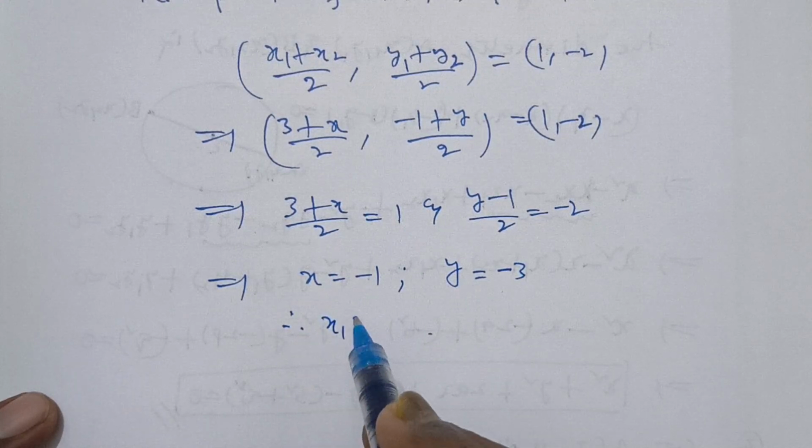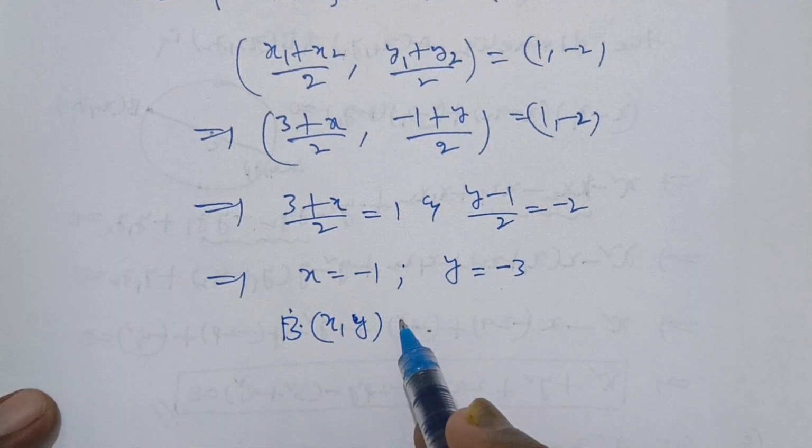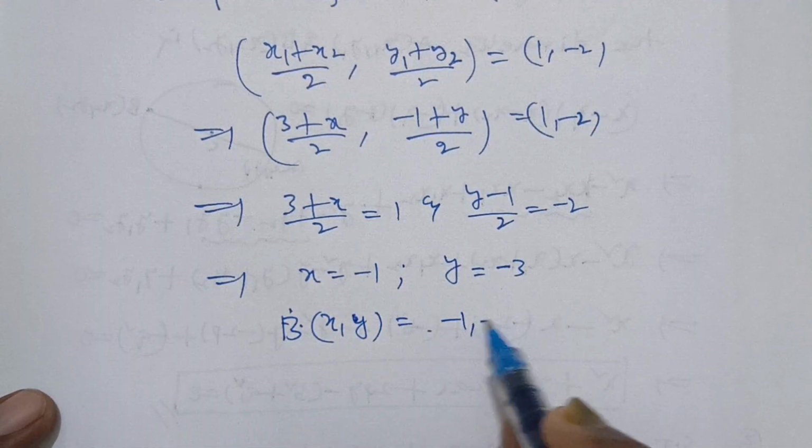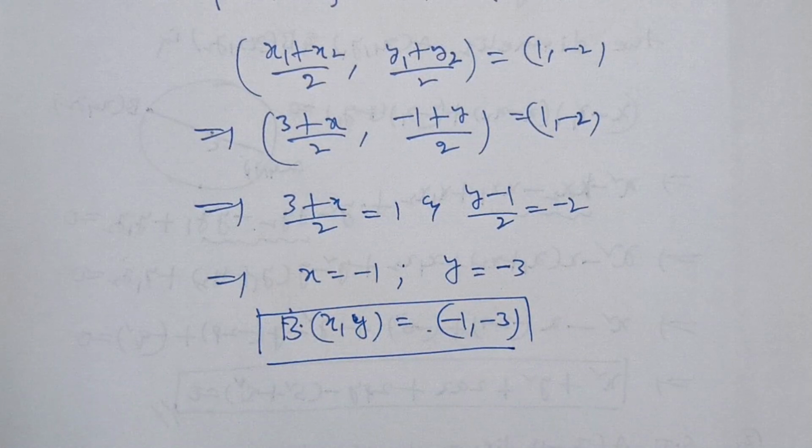Therefore, x comma y, the other end of the diameter, B equals minus 1 comma minus 3. This is the other end of the diameter.